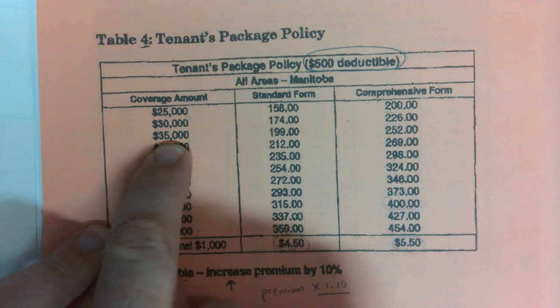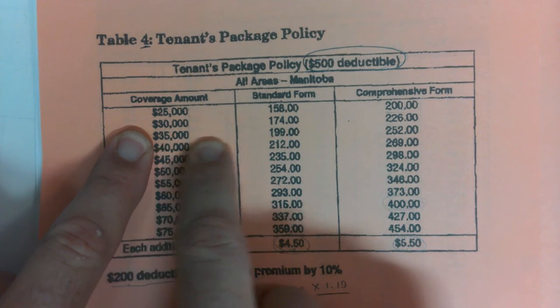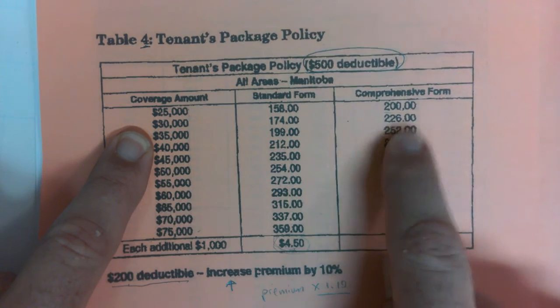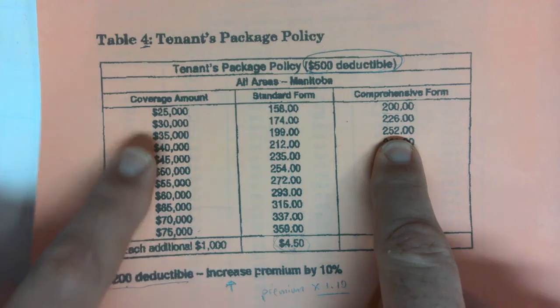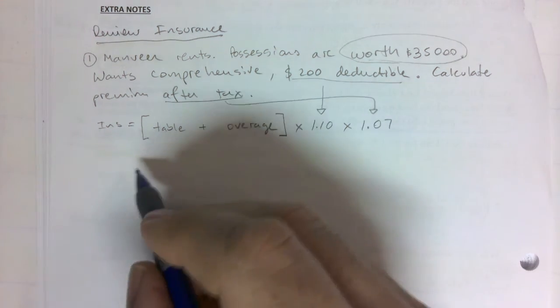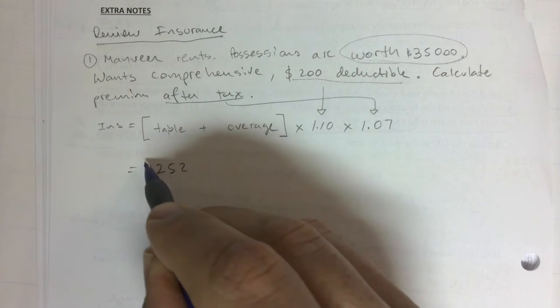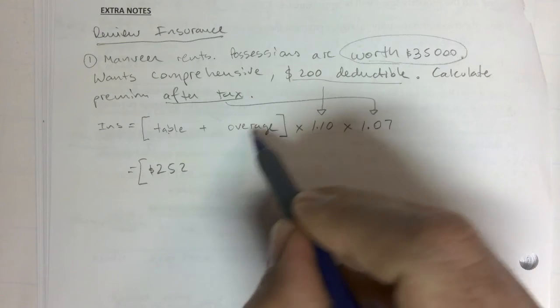We are in the 35,000 coverage, and we want comprehensive, so it's 252. That's the value you're going to go and get. There's for sure always one value that we're going to get. So that's the table rate, 252 bucks. There is no overage, right?